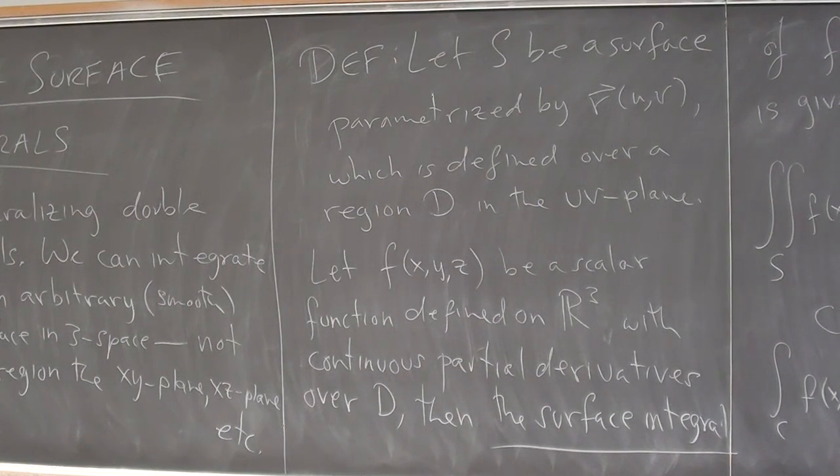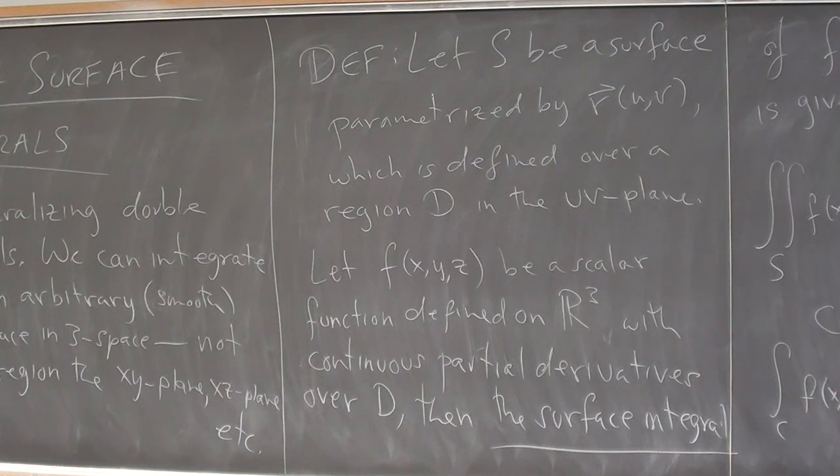This one is a single integral. Right? We know that the definition of f ds is just the integral of f of r of t times the magnitude of r prime of t dt. This guy is a double integral, and we know that the definition of f dS is equal to the double integral of f of r of u, v times the magnitude of the normal vector. So they're actually very different.